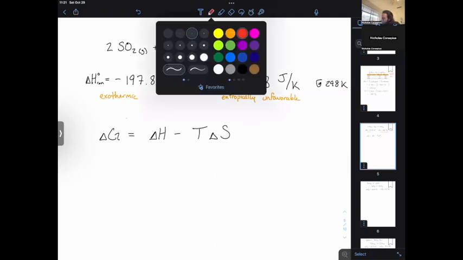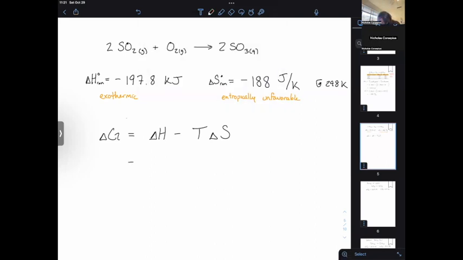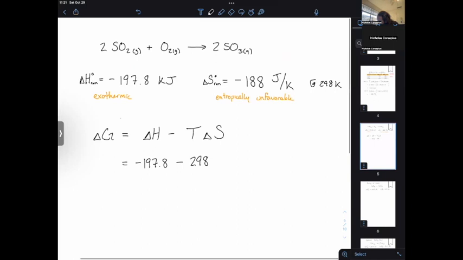Okay, so when I plug this in here, I'm going to take my negative 197.8, subtract that temperature of 298 Kelvin multiplied by the negative 188 over 1,000, to make sure that I've converted the units of entropy to kilojoules.